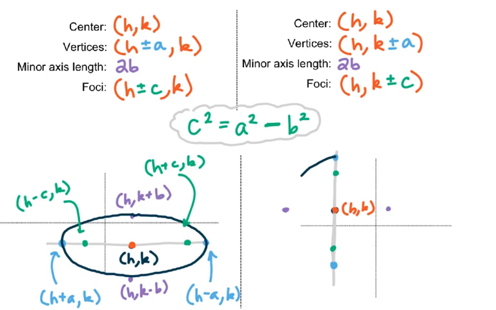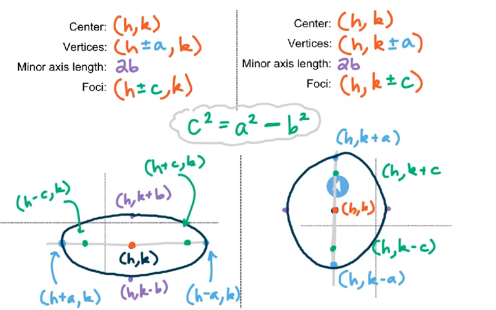So sketching this, trying to make it look as ellipsy and symmetric as I can, it looks roughly like this. You'll notice all of these points, my two vertices and my two foci, are vertically above and below my center. And I'm adding a and c, subtracting a and c, to the y, or the k value, because it's a vertical change.